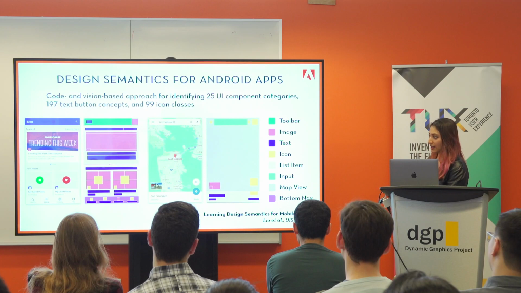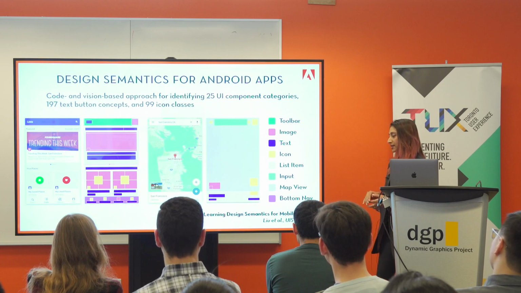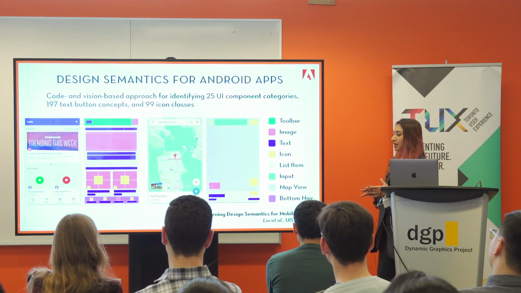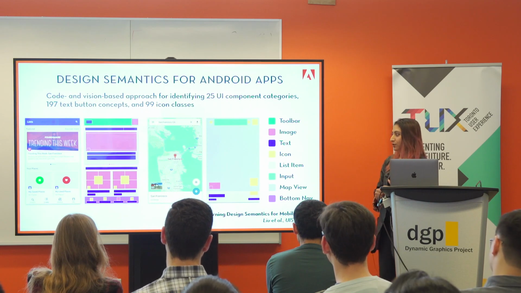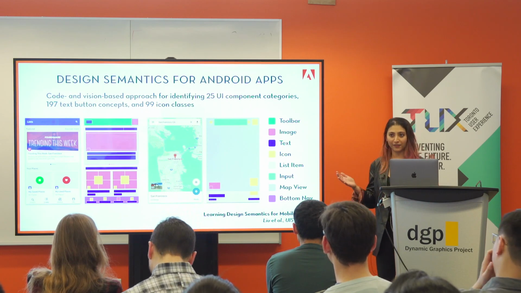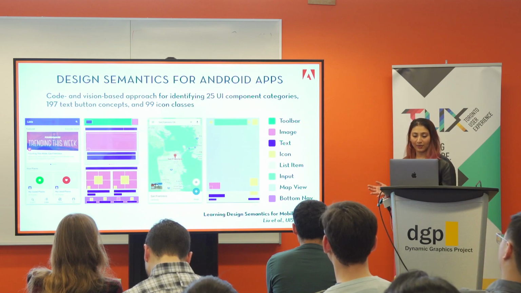The trickiest bit was actually the icon identification, because for everything else you can basically rely on heuristics based on the code itself. Like if you wanted to identify a map view, you can do that with high accuracy just by examining the view hierarchy.